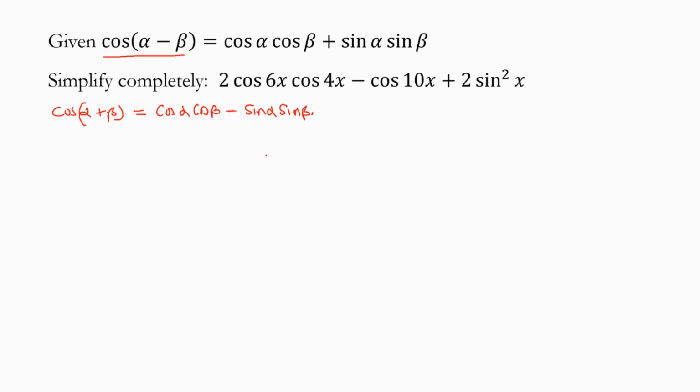So now if we check, we can break this cos 10x into 6x plus 4x. You have to remember the identities, and you should be able to move from left hand side to the right hand side, even from the right hand side to the left hand side.